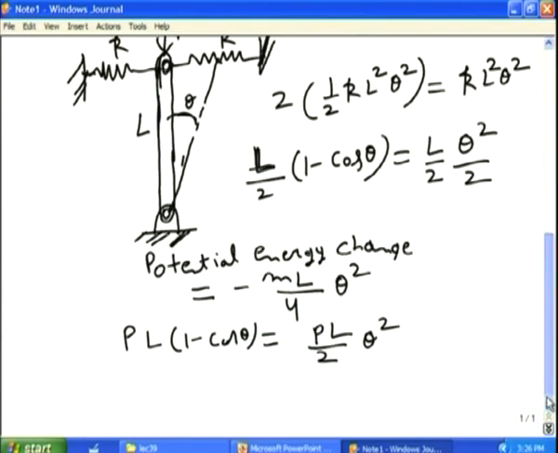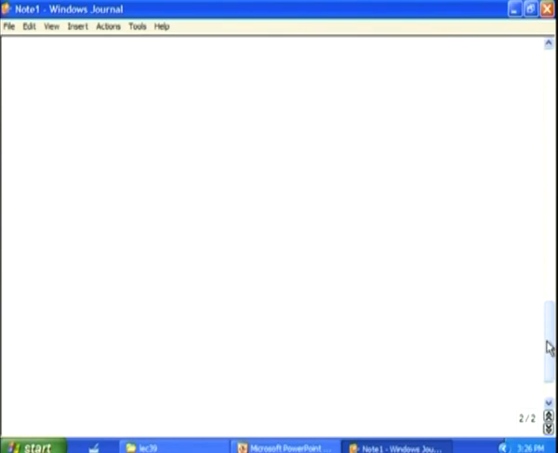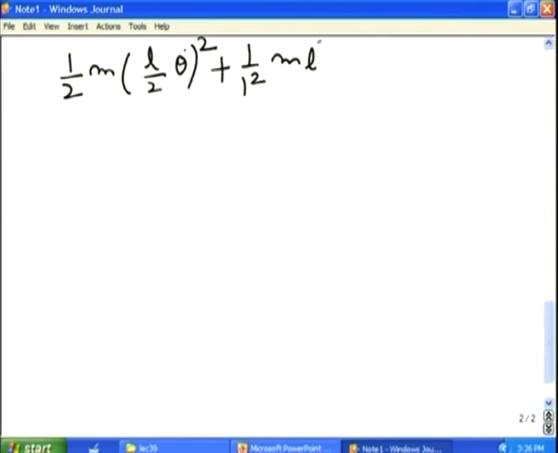Now the kinetic energy of the rod is equal to half m (L by 2) square theta dot square plus 1 by 2 times m L square by 12 theta dot square.